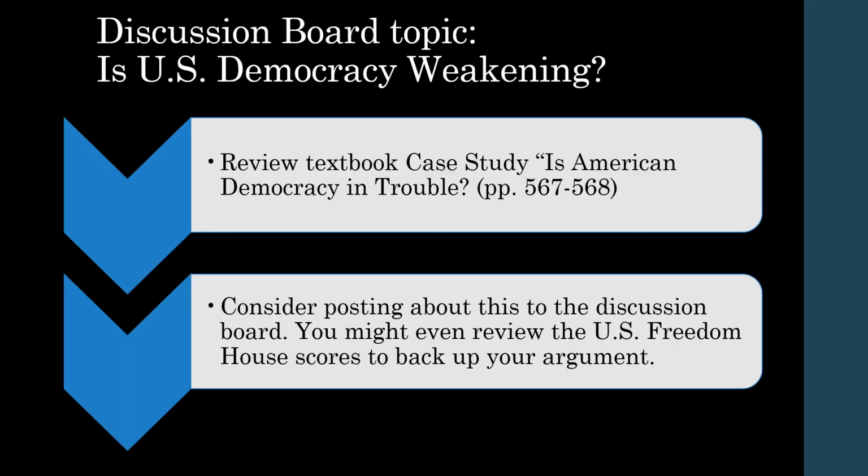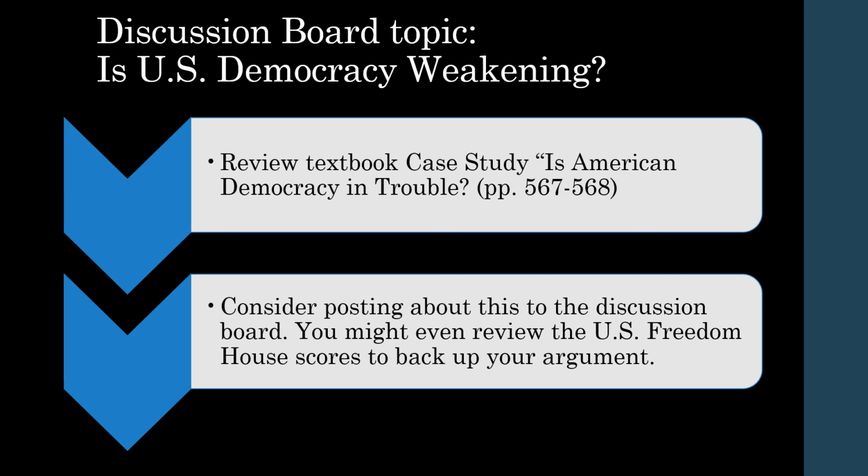So here's a parting fodder for our discussion board. Thinking about democracy, you have a case study to read in the textbook called Is American Democracy in Trouble? And this is something that a lot of pundits and political scientists have looked at. The Freedom House score for the United States has dropped since about 2014. It has dropped for various reasons.